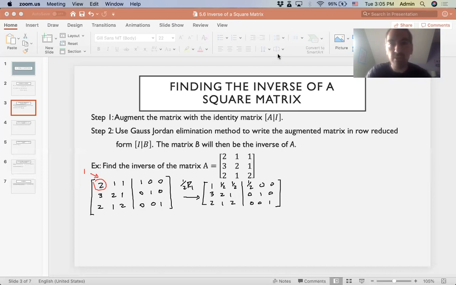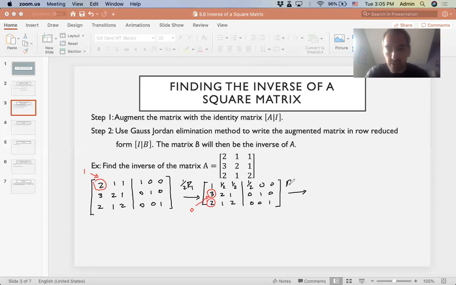Okay, now we want everything else in that first column to be 0. So we want that 3 to become a 0 and the 2 to become a 0. Do you remember how we were able to get those to be 0? We multiply the row that has the 1 in there already by the additive inverse of what we're trying to make become 0.